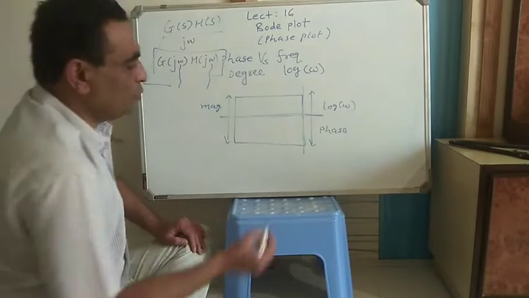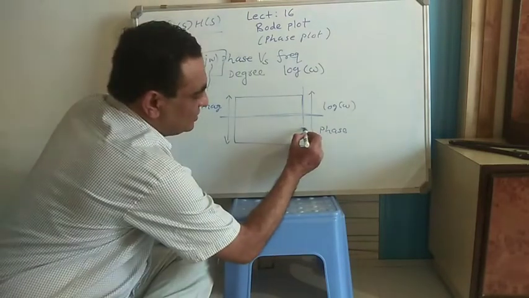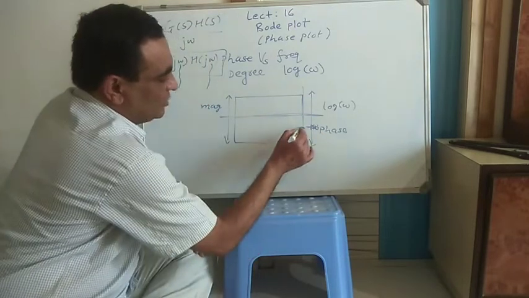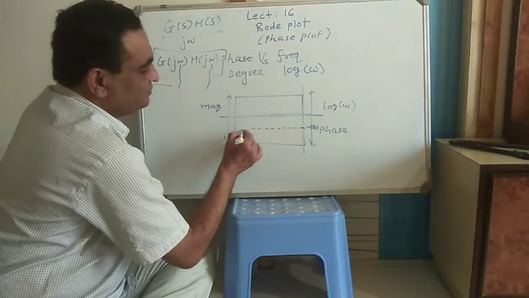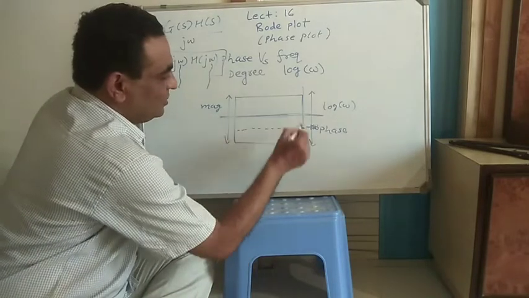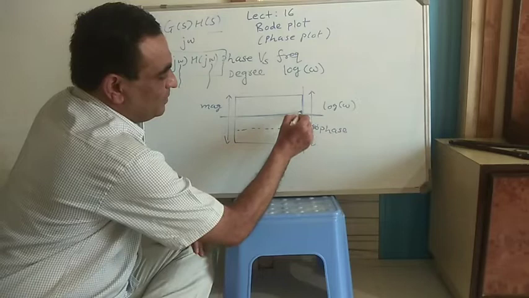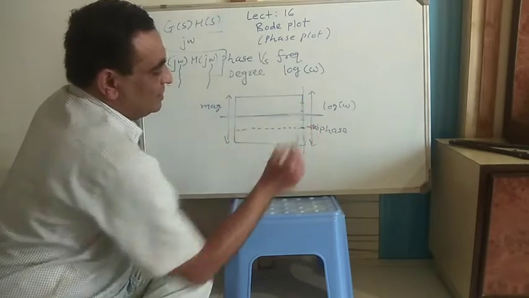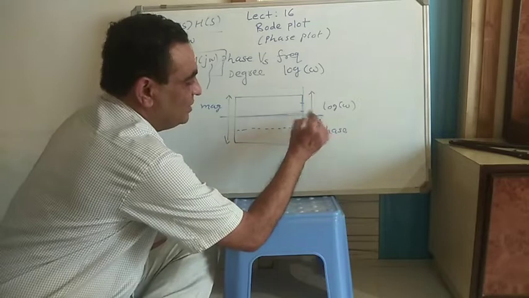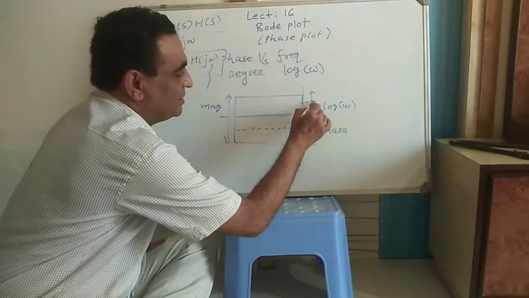Now I will draw a minus 180 degree line here, somewhere here. Okay, this is minus 180 degree line. From here to here it is the 0 degree line. You can have an appropriate scale, let's say minus 180 plus 30, so minus 150 degree, minus 120 degree, minus 90 degree.